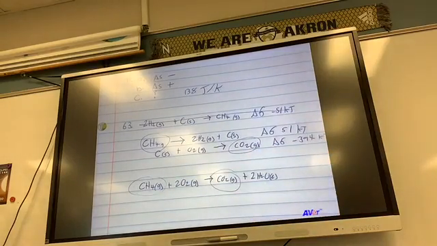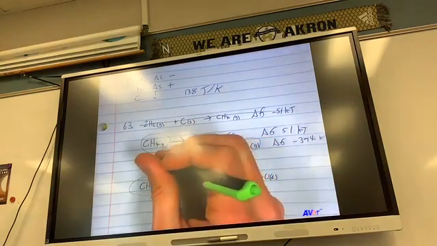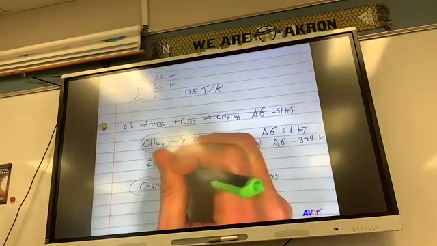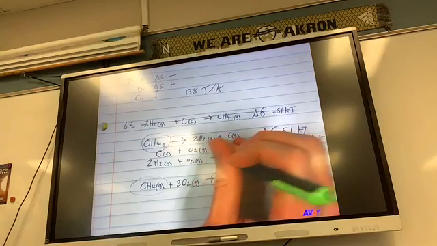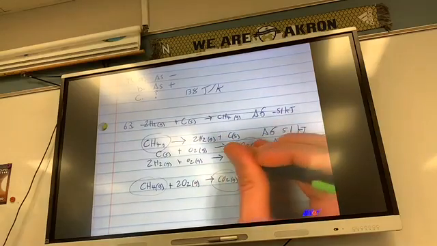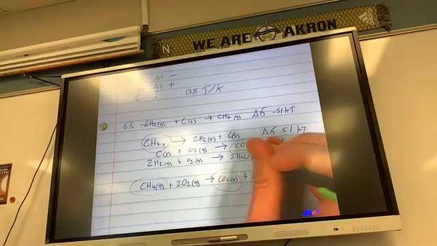And then I need to get H2O on the right. I have 2H2O in the second one. Agreed? In the second reaction? And it is on the right. So I'm going to leave that one. And I'm going to make that 2H2 gas plus O2 gas yields 2H2O liquid.